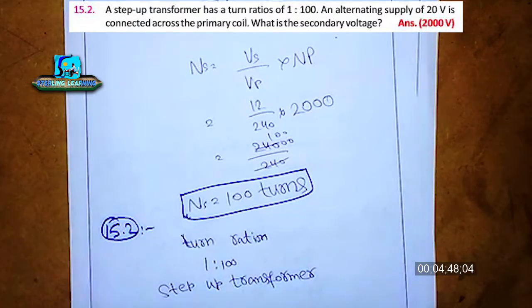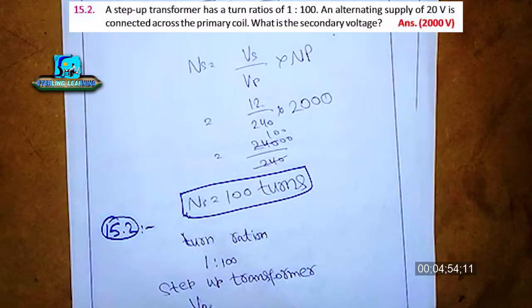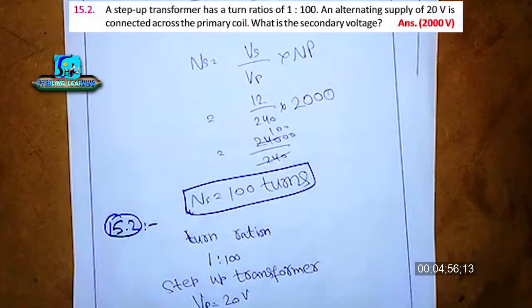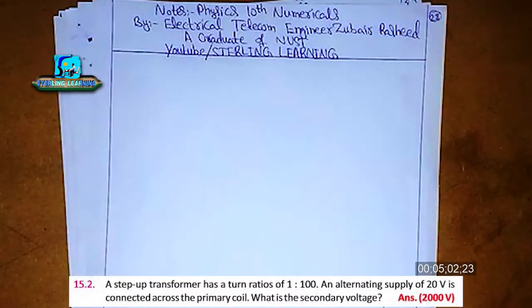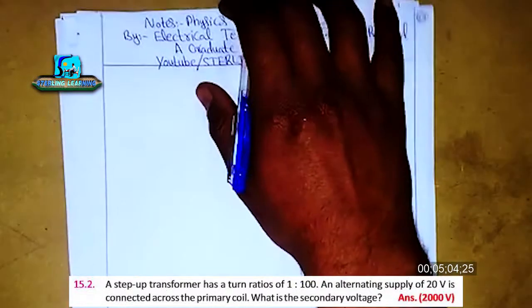An alternating supply of 20 volt is connected across the primary coil, so Vp is equal to 20 volts. What is the secondary voltage? Vs is to be calculated.